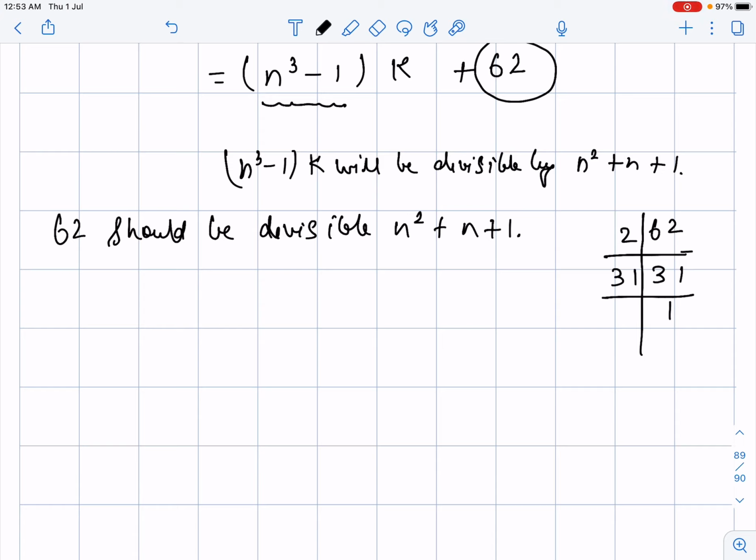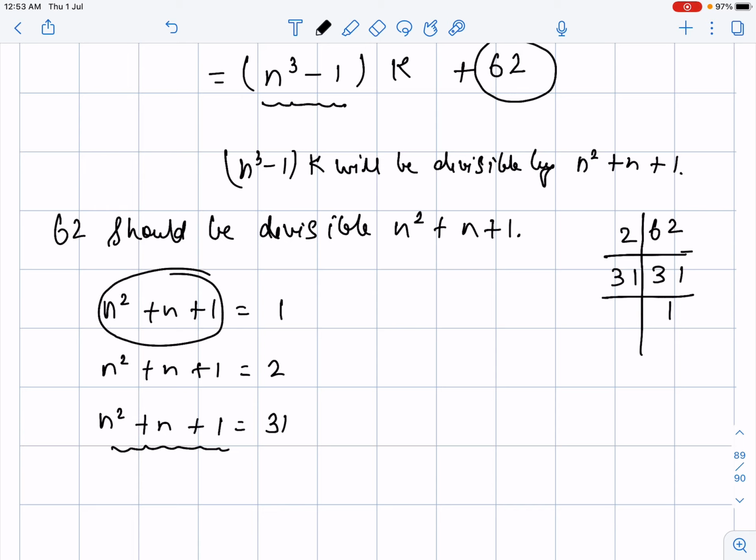So the final value of n square plus n plus 1 should become what? Either it should be equal to 1, or n square plus n plus 1 should be equal to 2, or n square plus n plus 1 should be equal to 31. Now you might be wondering why only positive factors I am writing, why not negative factors?